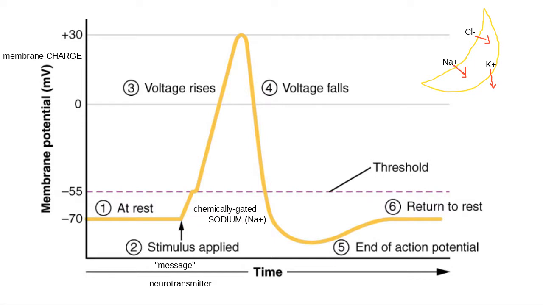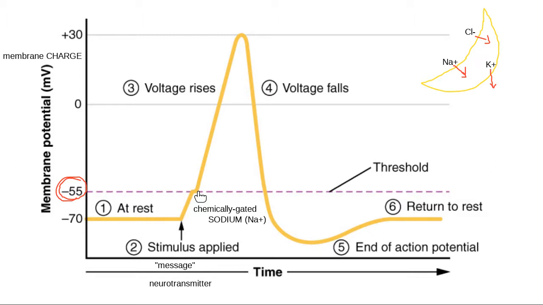So that's another number for us to know. When the charge on a neuron's plasma membrane gets all the way up to -55, from its normal down here at -70, when I bring in enough sodium to get to -55, my neuron's membrane says, whoa, we are serious about this message. This is some hot gossip that I've got to share.